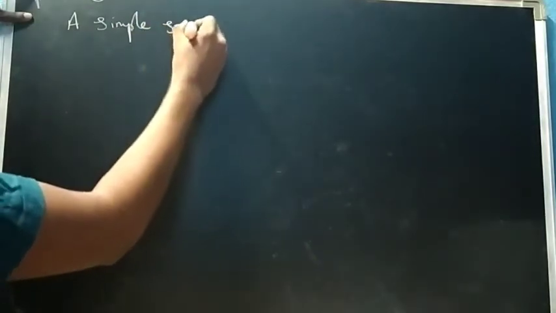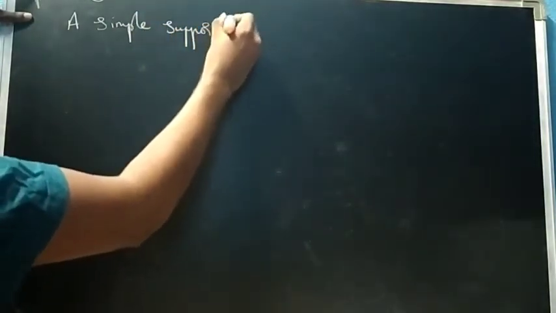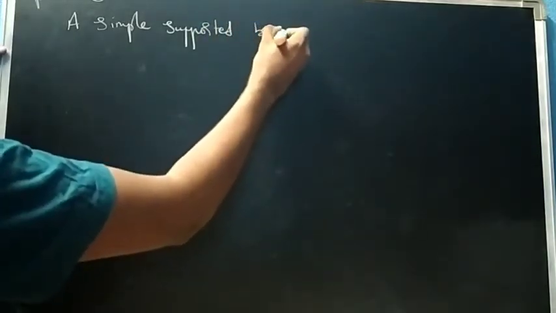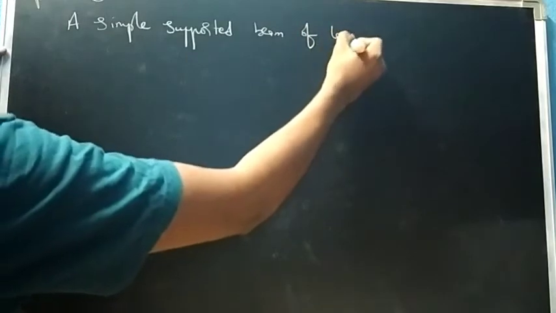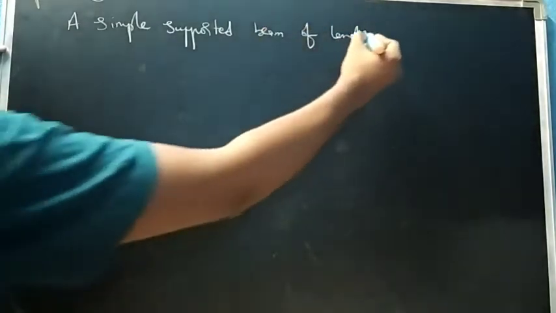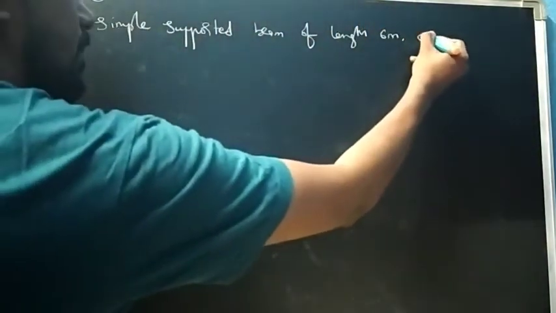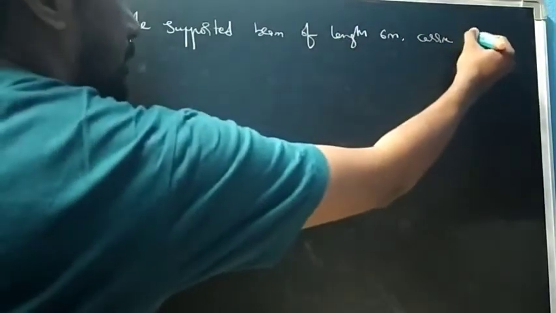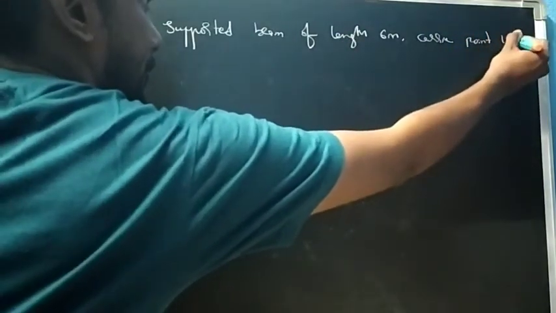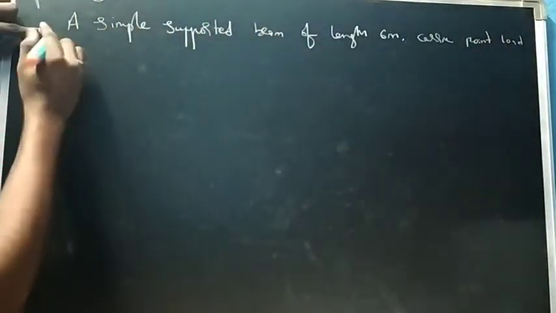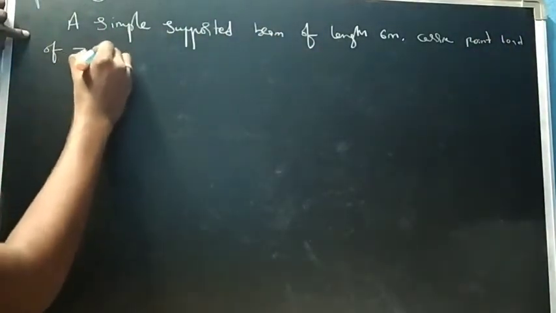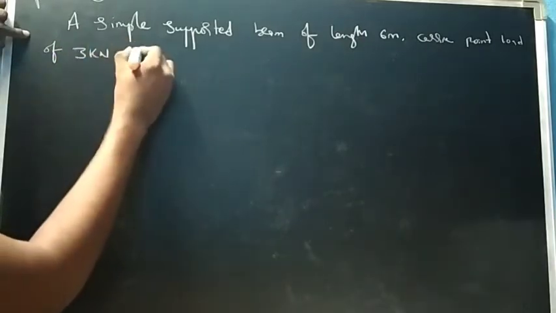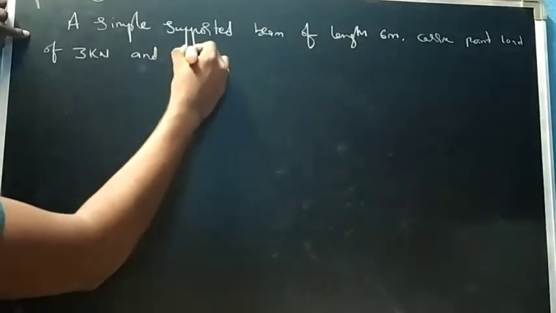A simply supported beam of length 6 meters carries point loads of 3 kilonewton and 6 kilonewton.